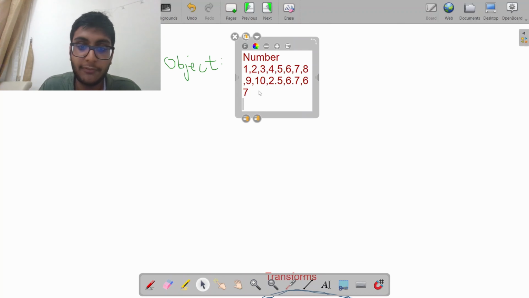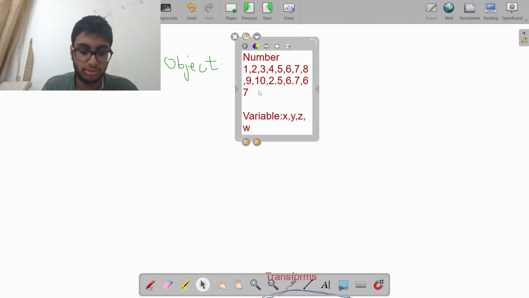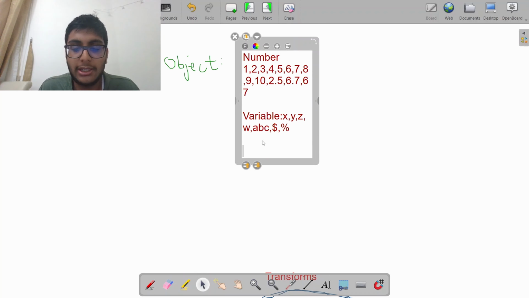Or it can be a variable. Variables like x, y, z, w, a, b, c, a dollar sign, this sign, whatever. Anything that you can equate to.